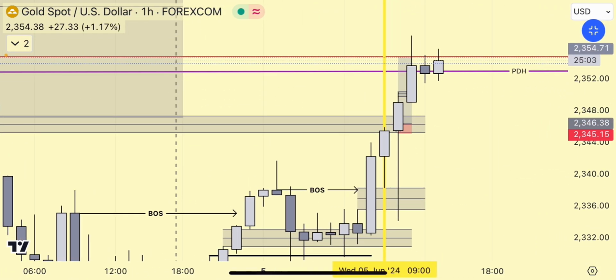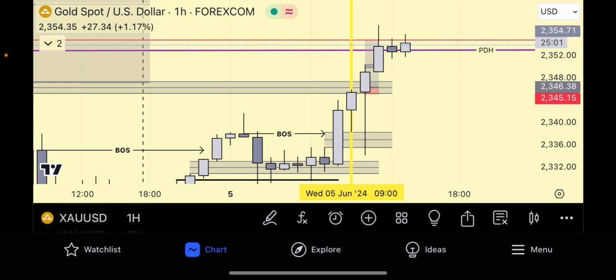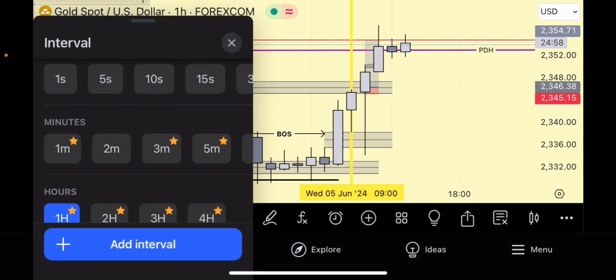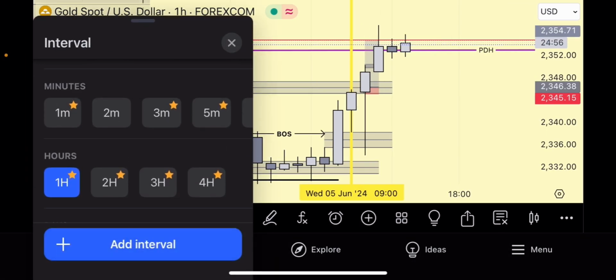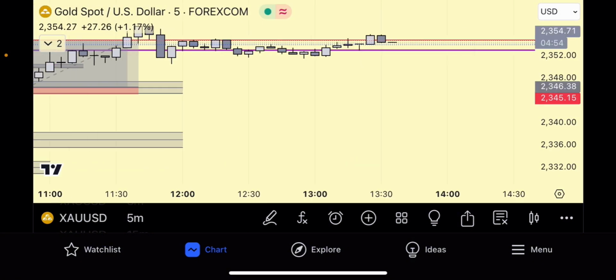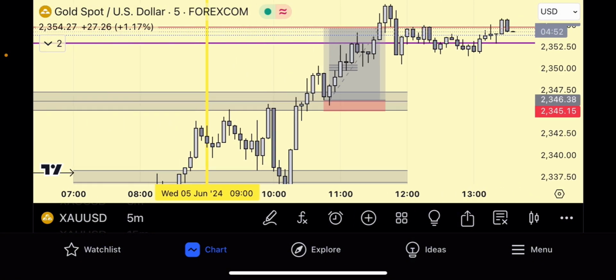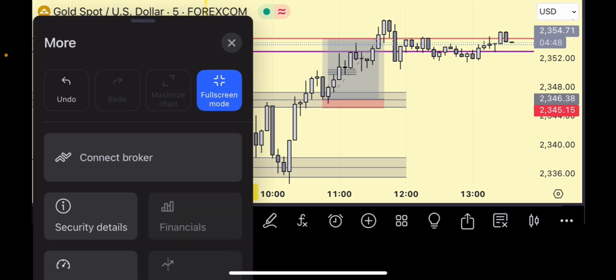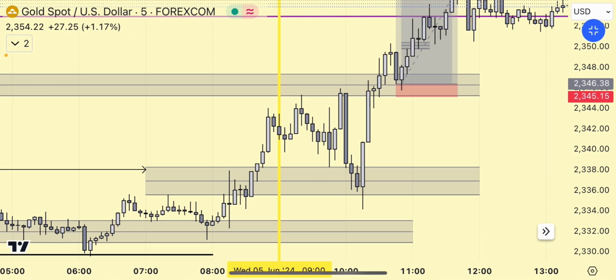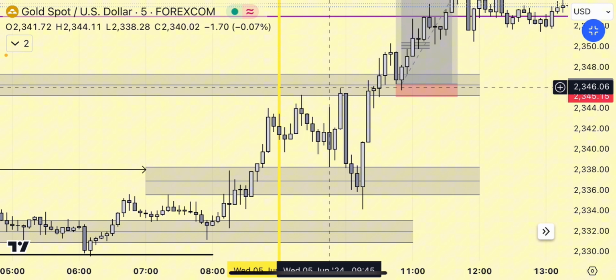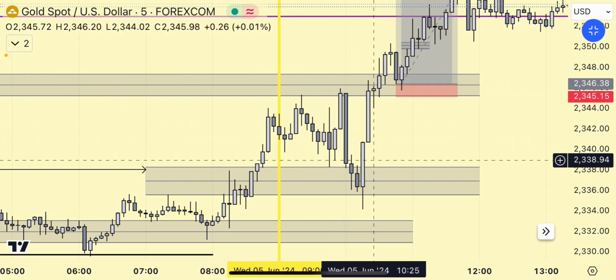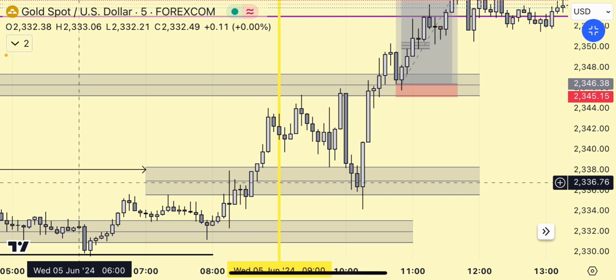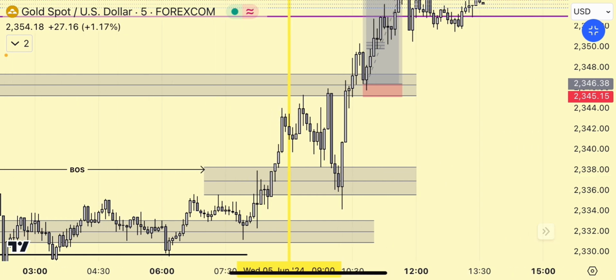Okay, I just want us to understand what I was saying before I took my entry. So we'll go to a lower time frame, right? When price went to that zone, it immediately rejected it by 9:30, giving us the idea that okay, we are bullish in this market.